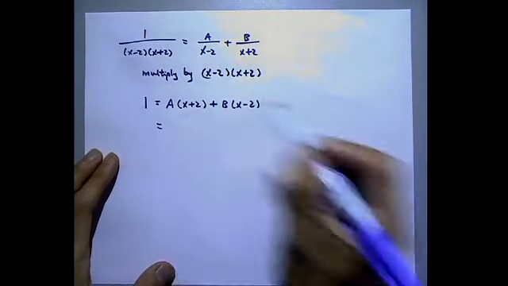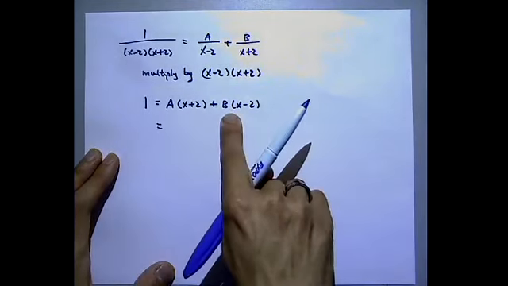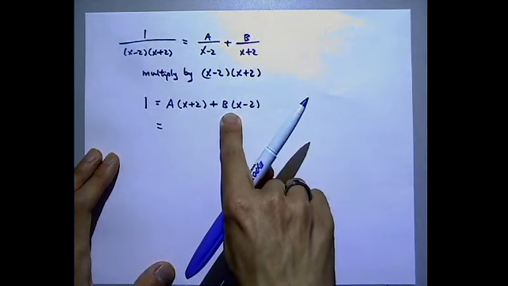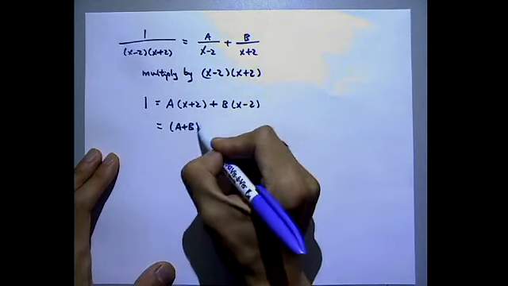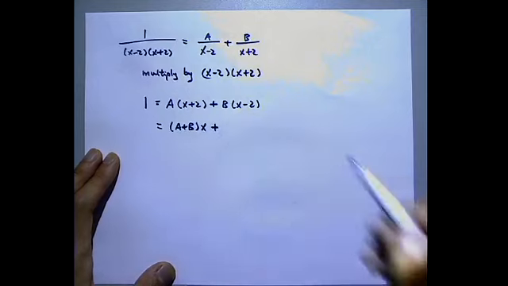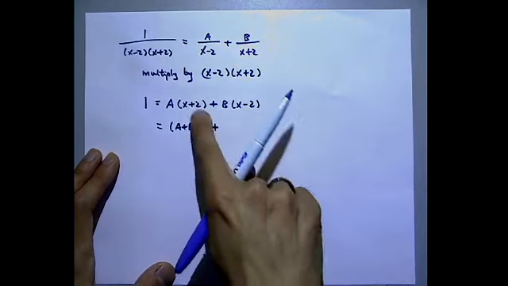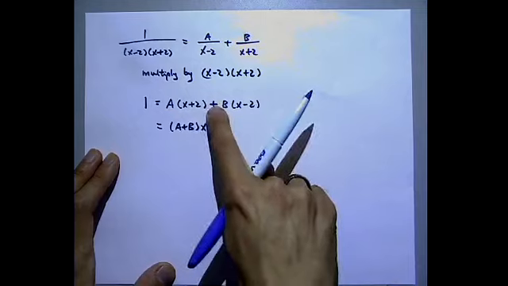Rewrite the right-hand side a little bit. We have a and b both multiplied by x. And then the terms without x, we have 2a and minus 2b.